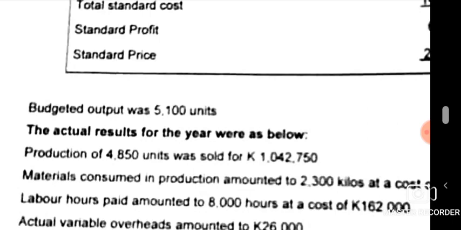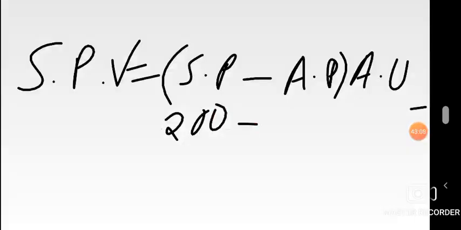So you divide that total sales figure in the actual results by the actual units, which is 4850, because it's actual. Do not go to budgets to start dividing. We're looking at actual figures. Total sales divided by the actual units, 4850, to get the actual price per unit.